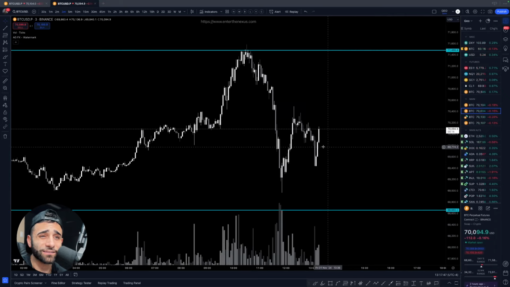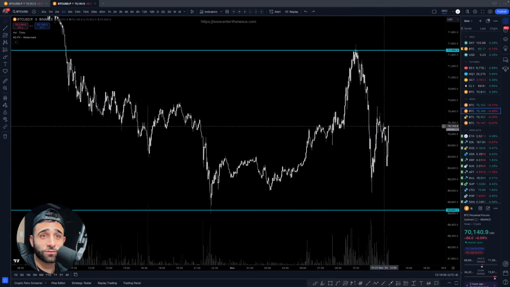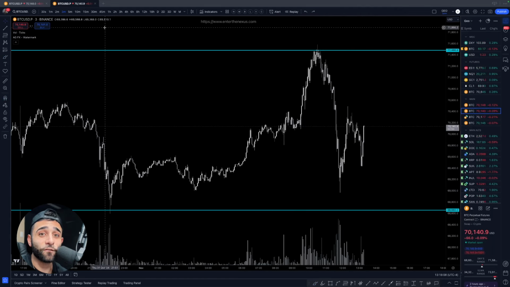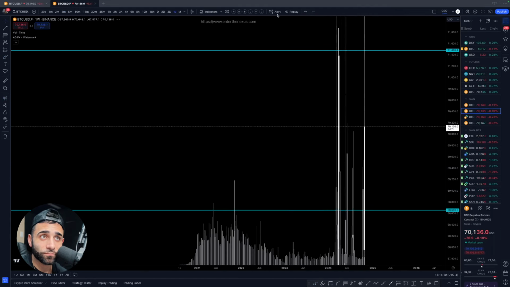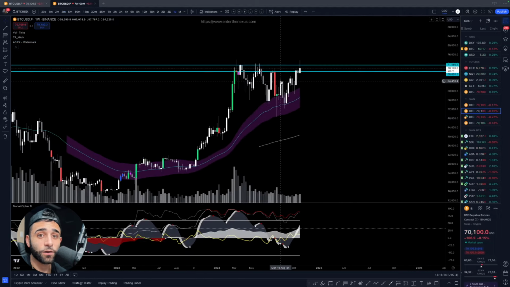Like right now, I don't care about how Market Cipher looks, because right now, the only two levels I care about are this one and this one. And anything else in between, I don't care about. And I'm not trading in the middle of these two lines, because you can get chopped for days, or as of late, for weeks, trading with Market Cipher alone.